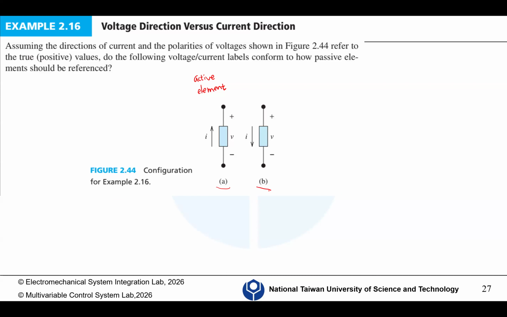For figure B, the current flows into the positive terminal of this element, so we are sure that this device is a passive element and it always consumes energy. So this is the passive element, B. Please keep that in mind.